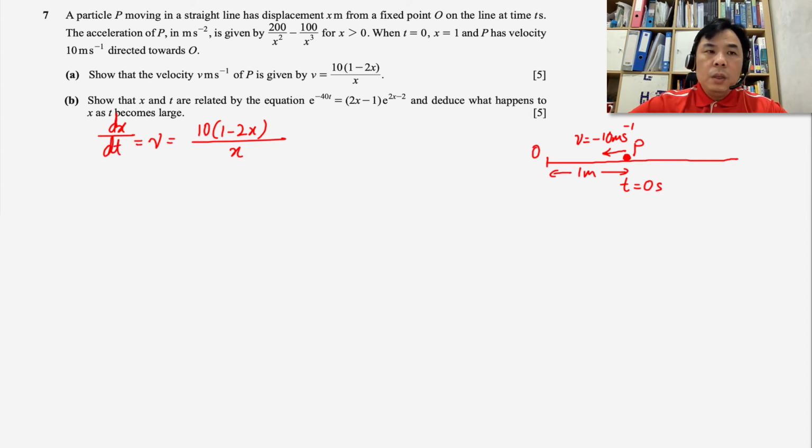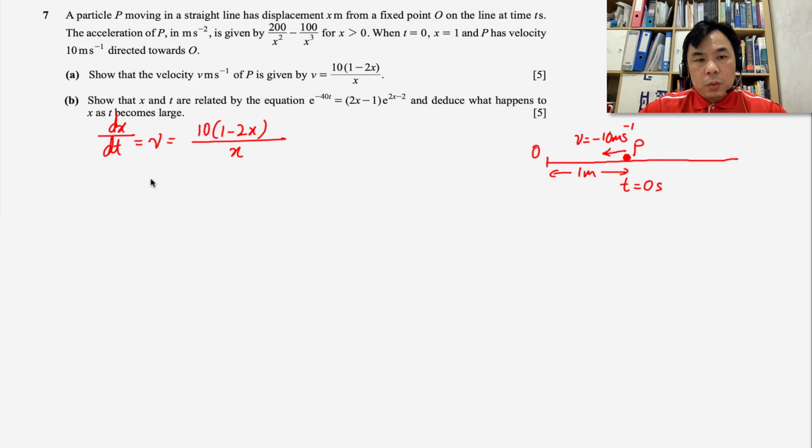Now from here, we are going to perform another round of antiderivative so that we can obtain the relation between displacement and time itself. Now, by performing the same divide and conquer, or grouping your like terms, in this case, all the x will be grouped onto one side, t onto the other side.